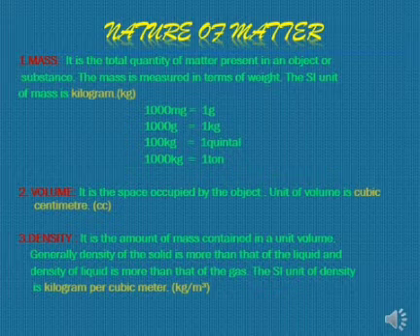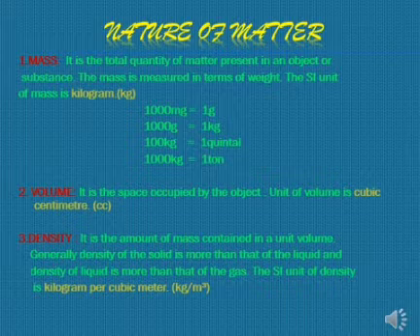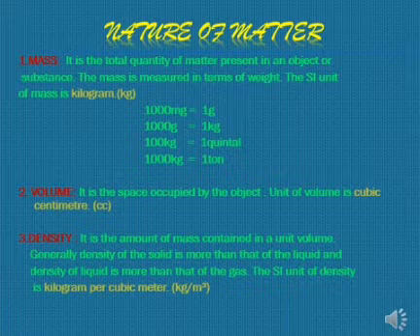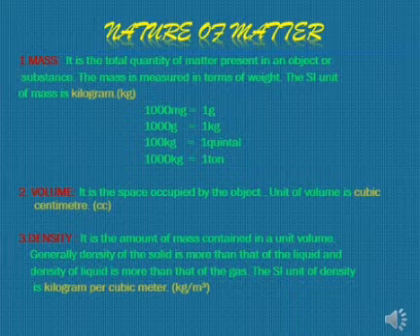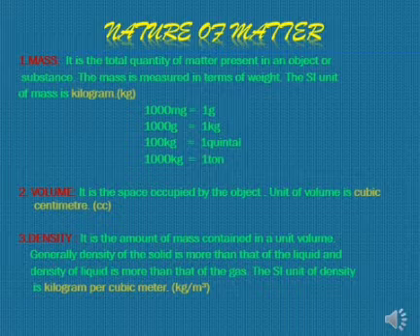Now if we take the example of cotton and iron, take 1 kg of cotton and 1 kg of iron. Here both iron and cotton are taken in equal weights, that is 1 kg. Now if you compare both of them, which one is lighter and which is heavier?